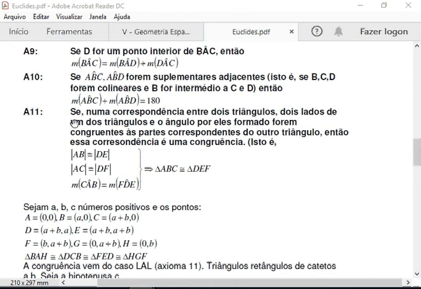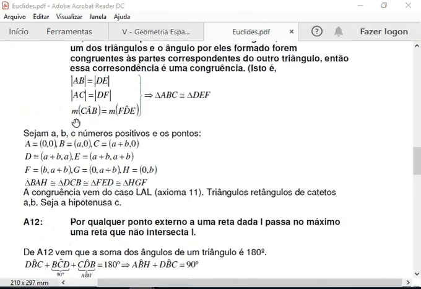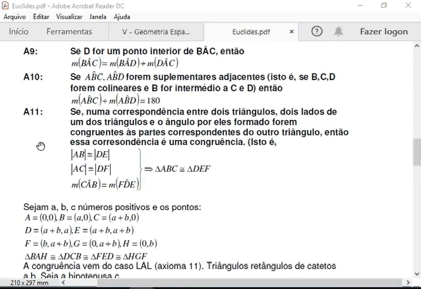A11, the last minus one. So 12 axioms. If in a correspondence between two triangles, two sides of a triangle and the angle between them are congruent to the correspondent parts of the other triangle, then this correspondence is a congruence.